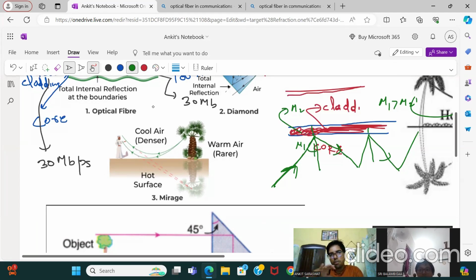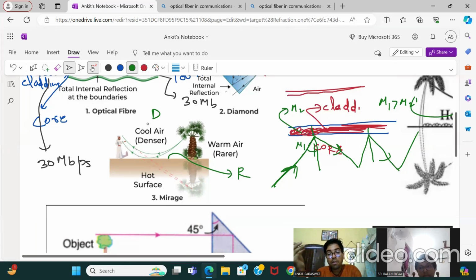Like our floor is very hot. So this is rarer, and the top layer is denser. Clear? The surface is hot. The sand is very hot. Then the temperature is very high.